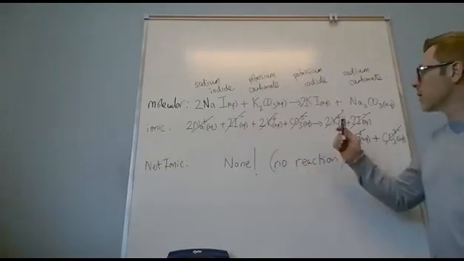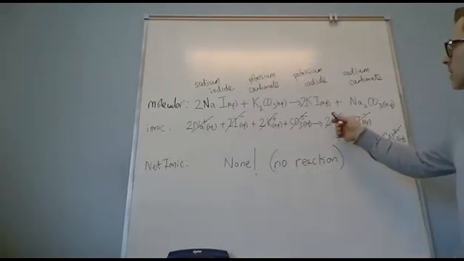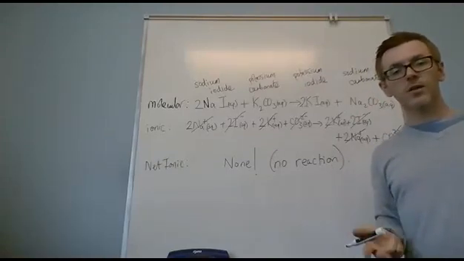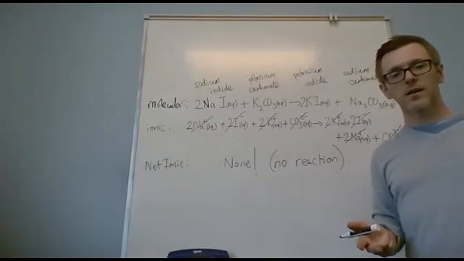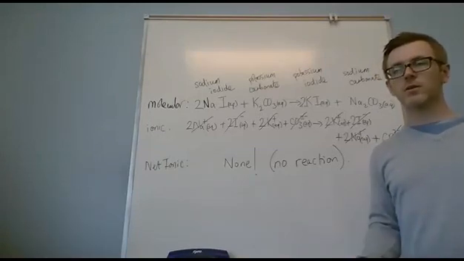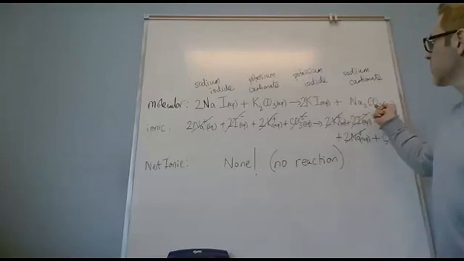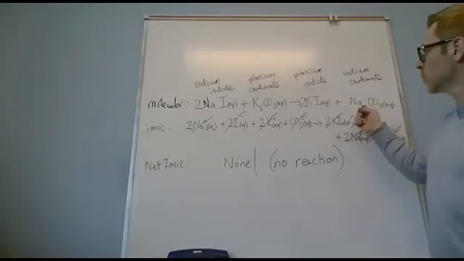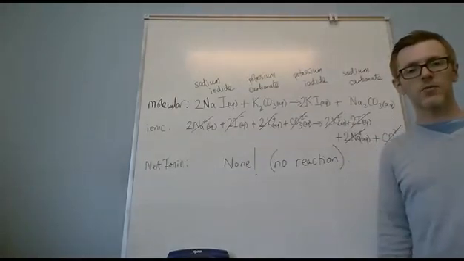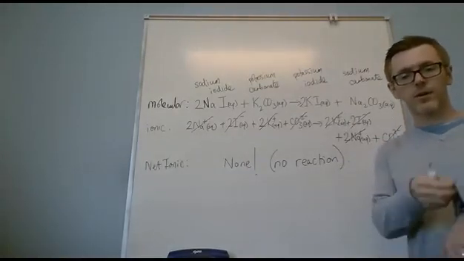So a way to spot this, you just look at your products. You must either have a gas or a liquid or a solid. You must have at least one of those for there to be a net ionic equation. Here we just had two aqueous products. Well, they separate and they will cancel the two aqueous product reactants over here.